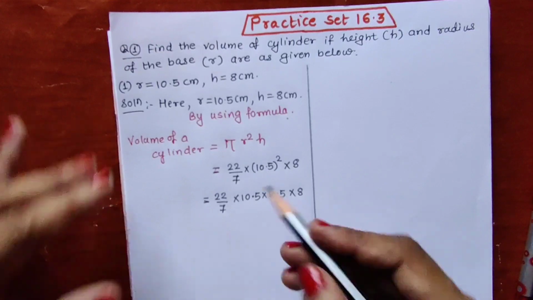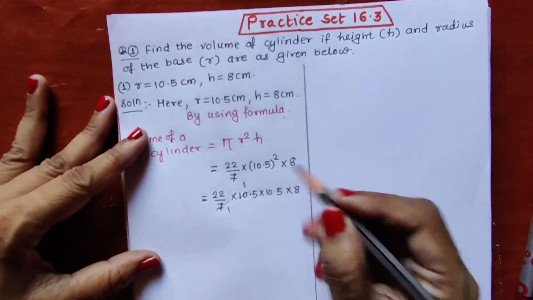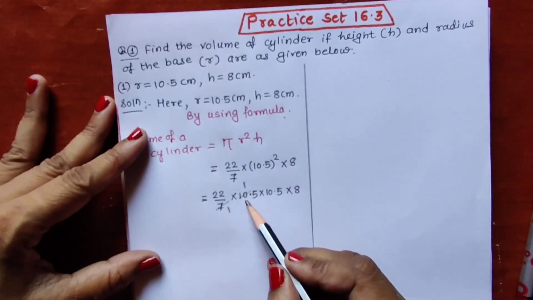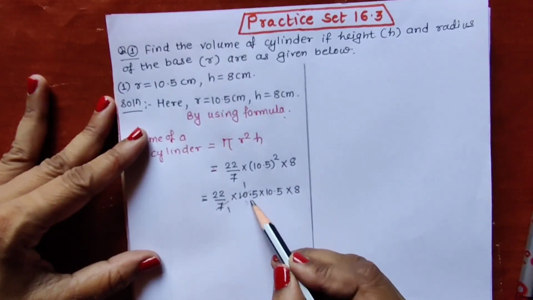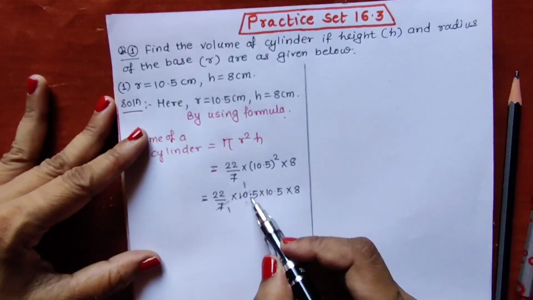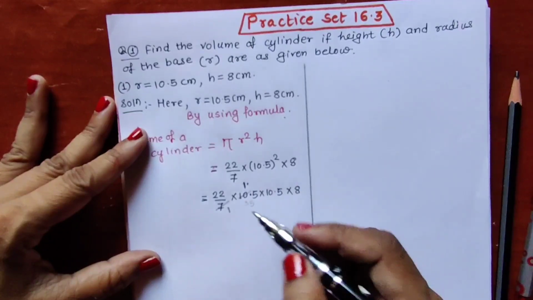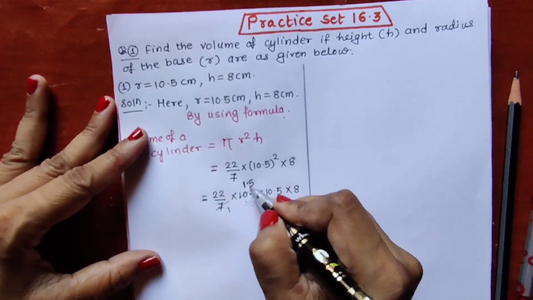So 7 ones are 7. Again 7 ones are 7. 10 minus 7, 3 remaining, and this 5 means 35. Okay, so 7 5s are 35, but point is there, so I will put a point here. After one point I will put, and 7 5s are 35.